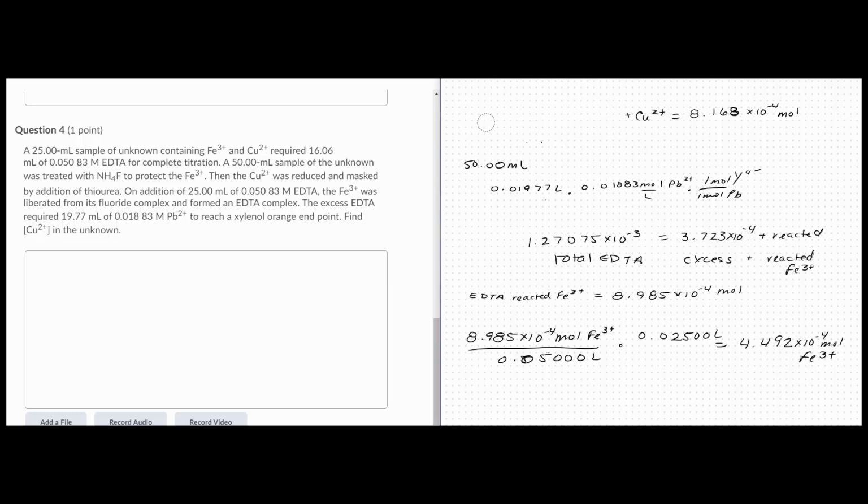So I can replace up here 4.492 times 10 to the negative 4 moles, and I can find out how many moles of copper there were, again, with a simple subtraction problem.